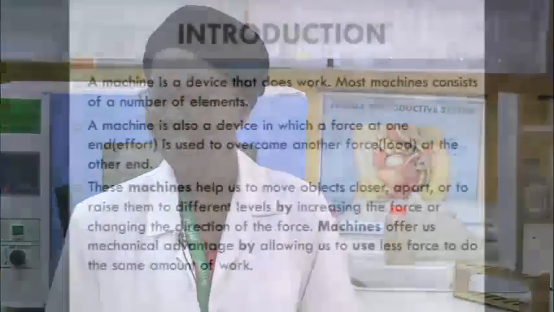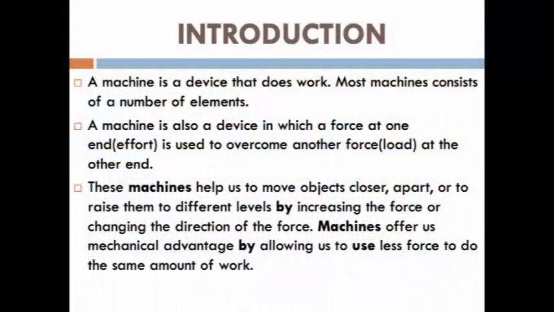We identify simple machines today. What is a machine? A machine is a device that does work. Most machines consist of a number of elements. A machine is also a device in which a force at one end, called effort, is used to overcome another force at the other end.